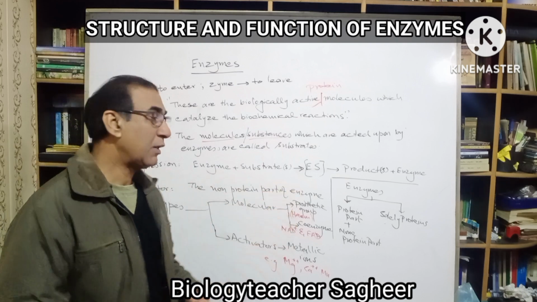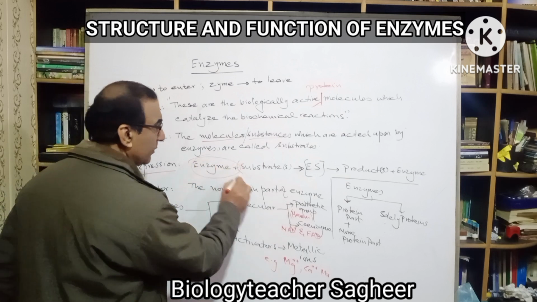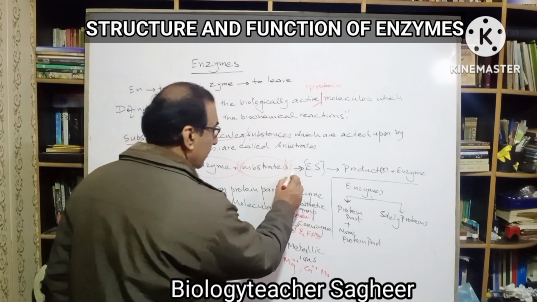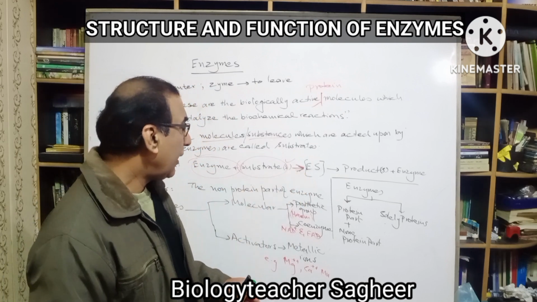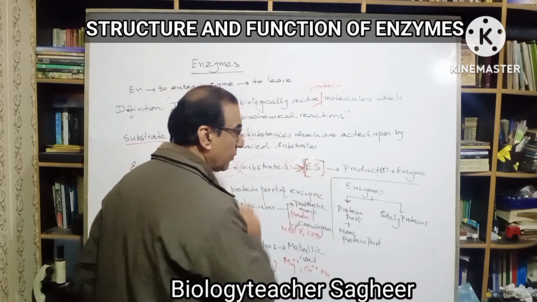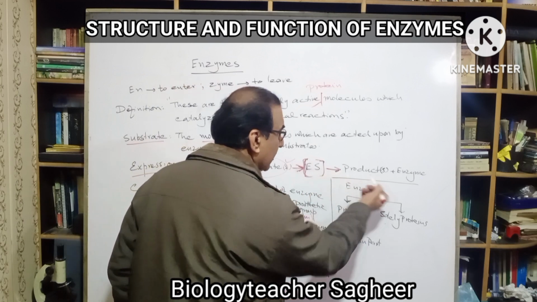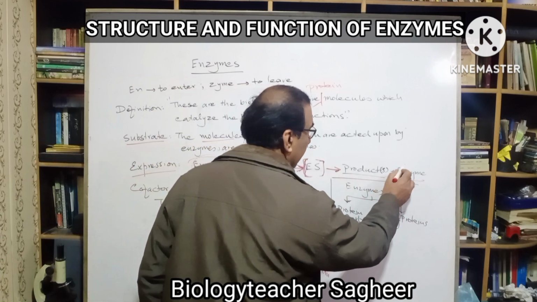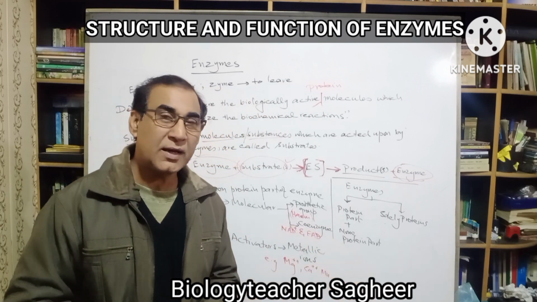You can show this with an expression: enzyme and substrate react, and an enzyme substrate complex is formed. Then the product is formed, and after the formation of product, the enzyme is separated.